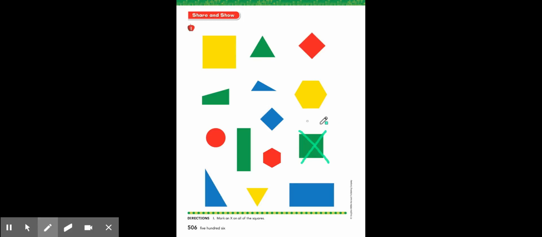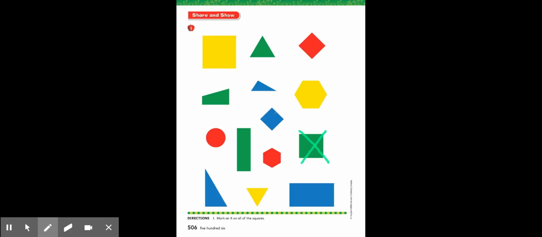Now I want you to look here. This one, this yellow one that I'm drawing around right here, that's what a hexagon looks like. Miss G needs to practice, but that's okay. We're not going to X this one, but here, this is the one that tricked me the most.